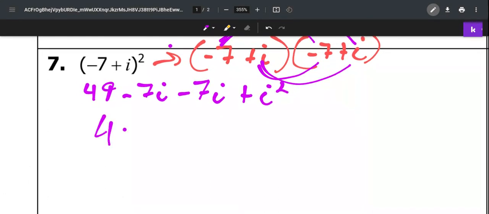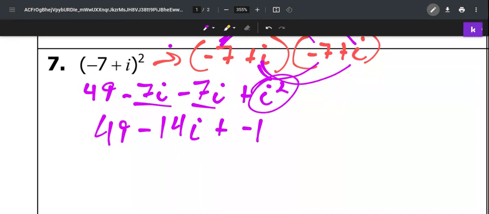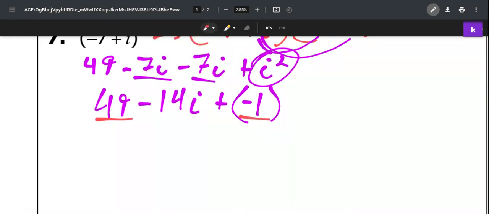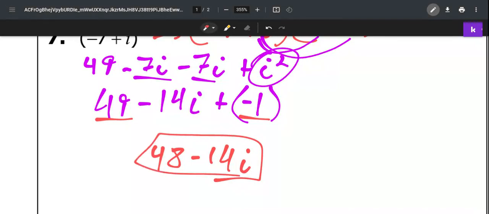So then we combine like terms. We would get -14i here and here, and then we can change this to -1. So what we actually have is 49 minus 1, which is 48, minus 14i. Let me double check. Yes, that is the answer. All right.